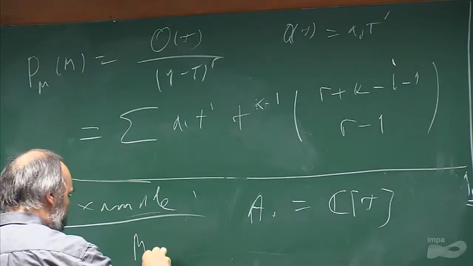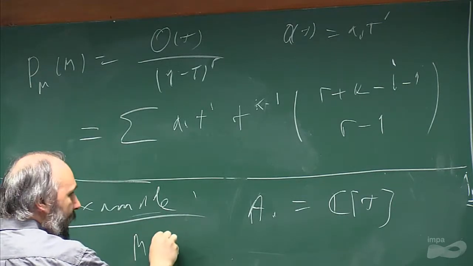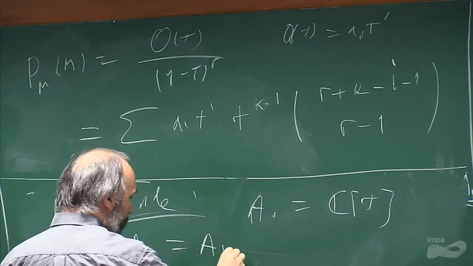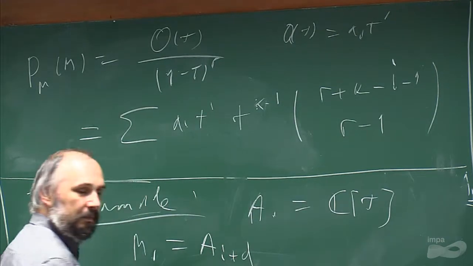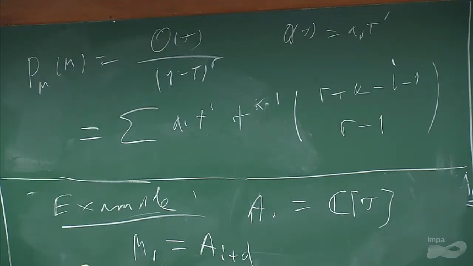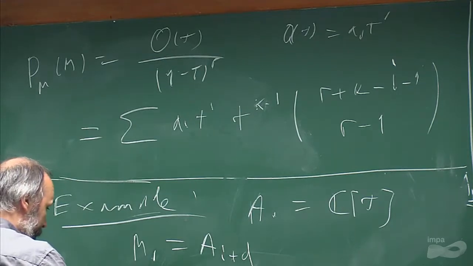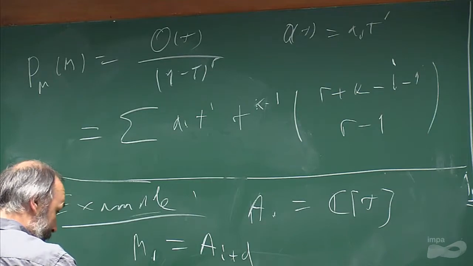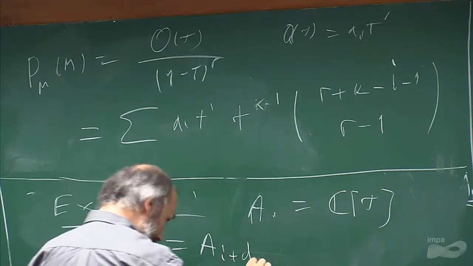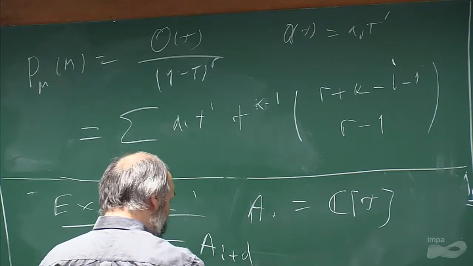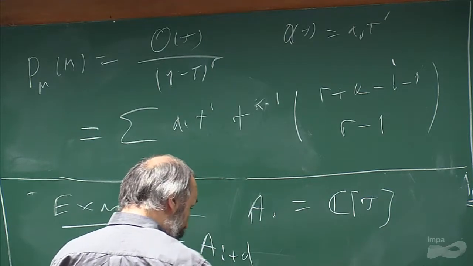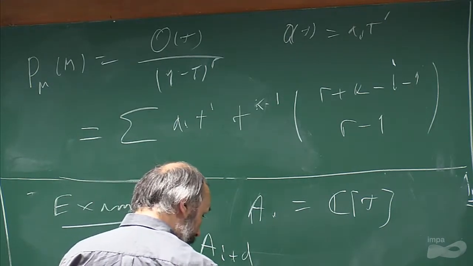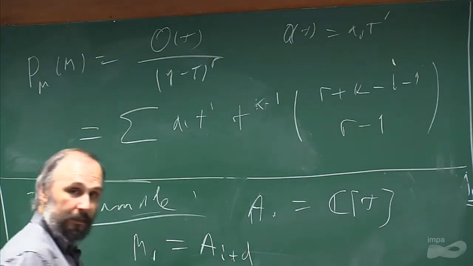Then you take M star, M_i is A_{i+d}. Then H_M of n is equal either to 1 for n bigger than or equal to d, or 0 for n less than or equal to d.